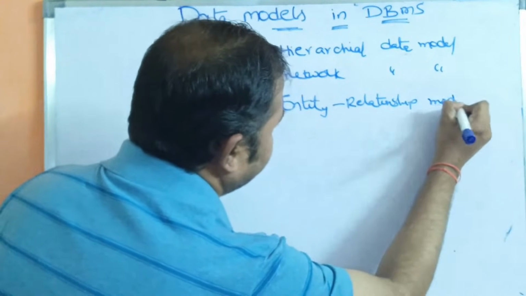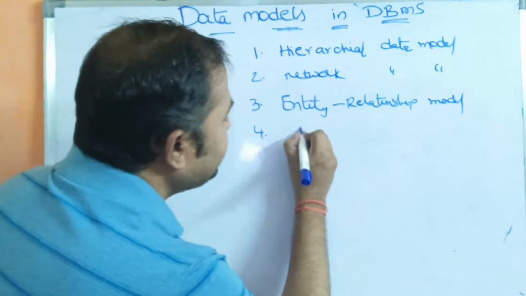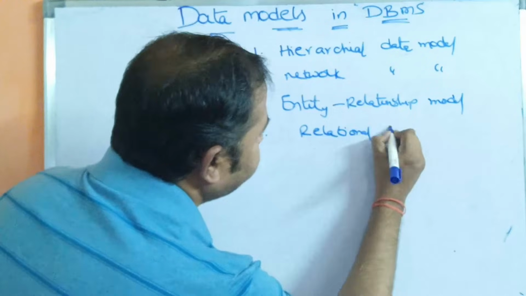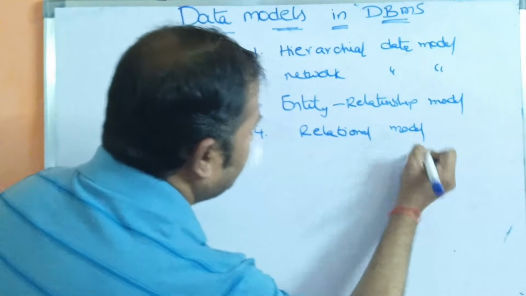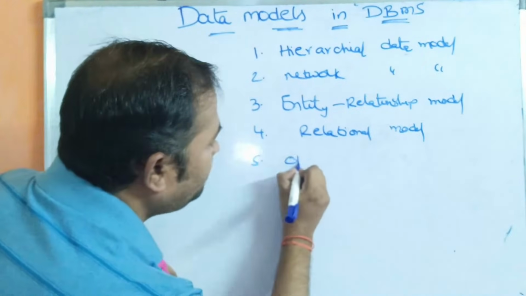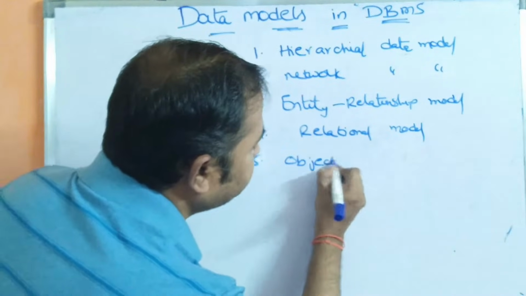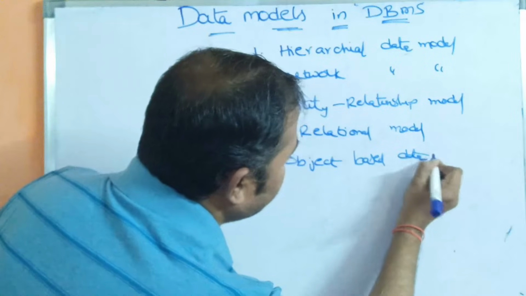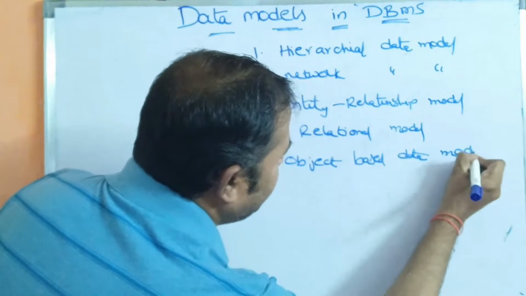The fourth one is the relational model. The fifth one is the object-based data model, which can also be called the object-oriented data model.